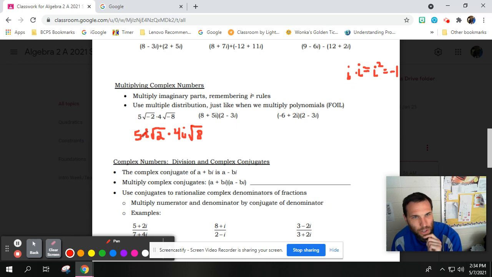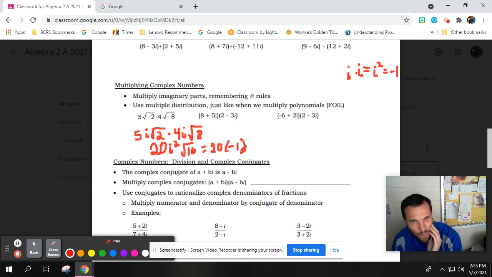So 5i times 4i is 20i squared, but that's going to change. And root 2 times root 8 is root 16. So it stays at 20, and then the i squared turns into negative 1.